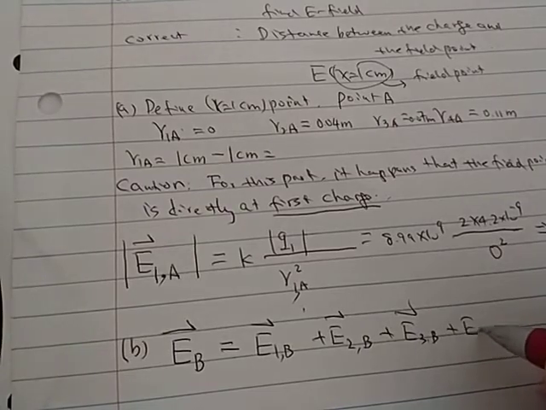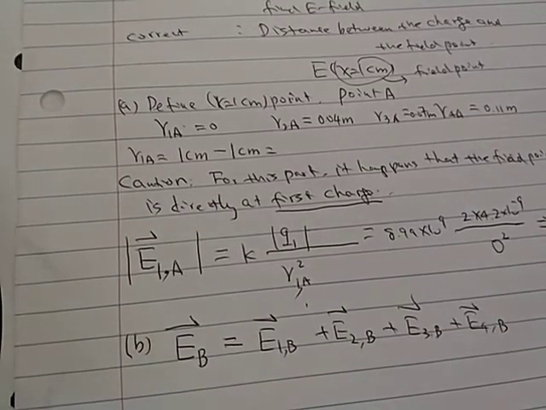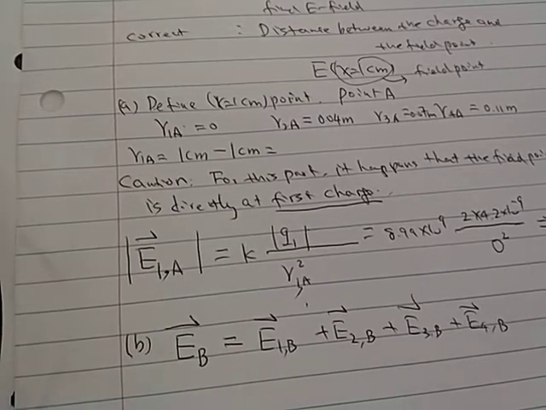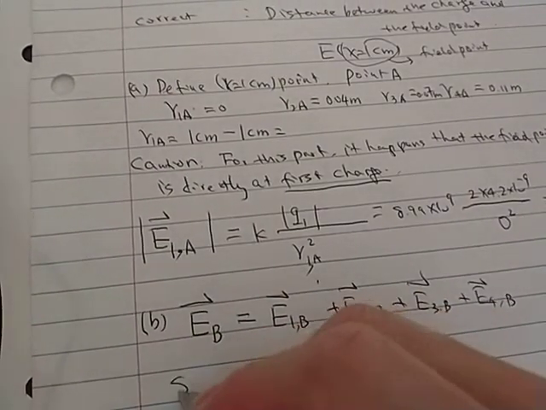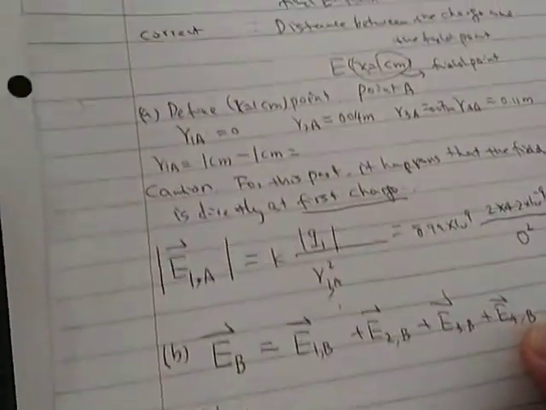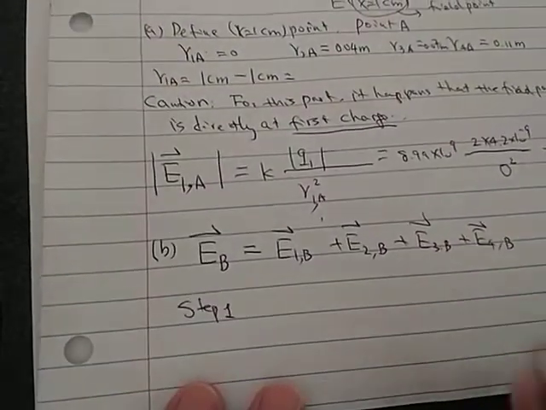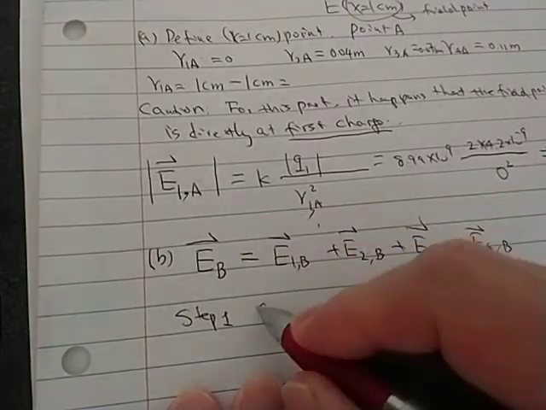Charge number 4. So now you have 4 terms total. And this makes things really exciting and also interesting. What is even more urgent is that we need to figure out, because you see we have these vectors, and vectors need directions.